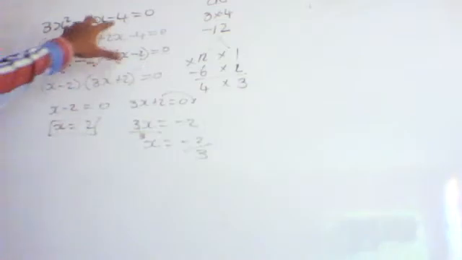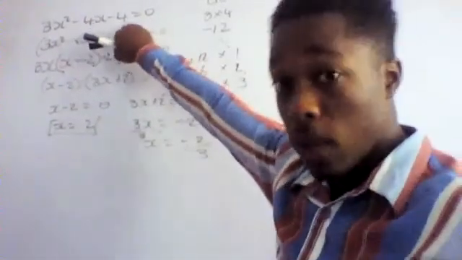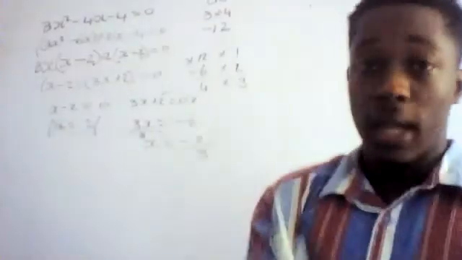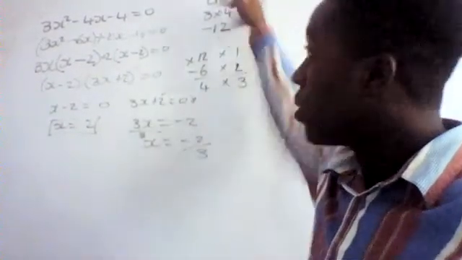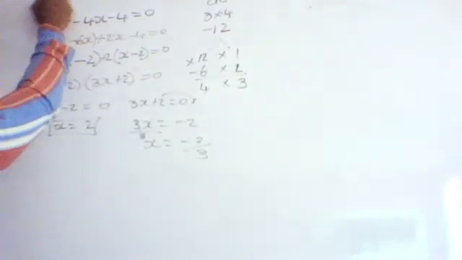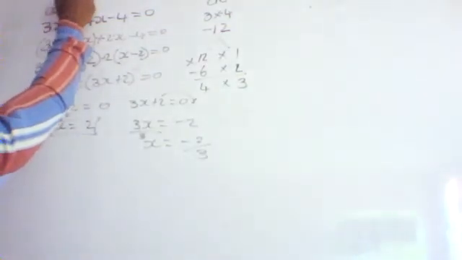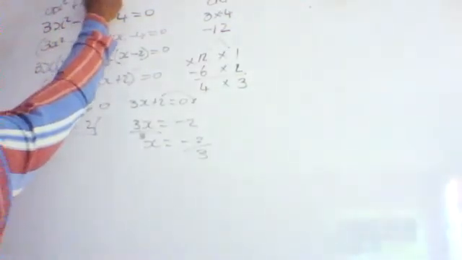When we have a quadratic equation, everybody please pay attention now. The first thing that we do is find the AC value. Here's the form: AX squared plus BX plus C is equal to 0.